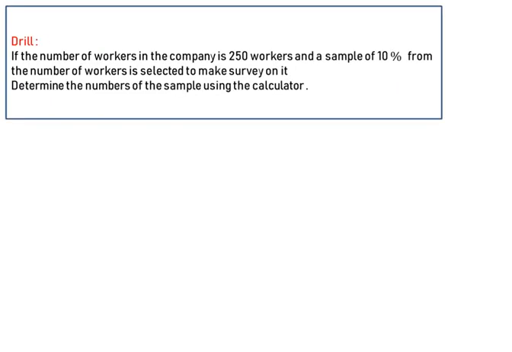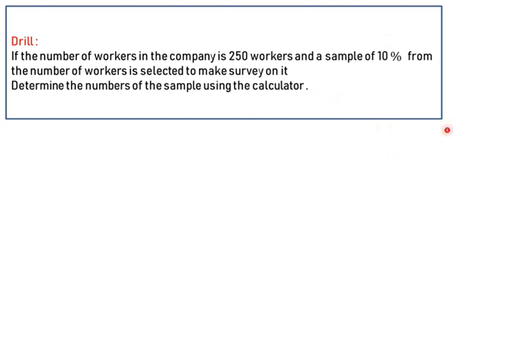Now we have an exercise. If the number of workers in a company is 250 workers and a sample of 10% of the workers is selected to make a survey on it, determine the number of the sample using the calculator.